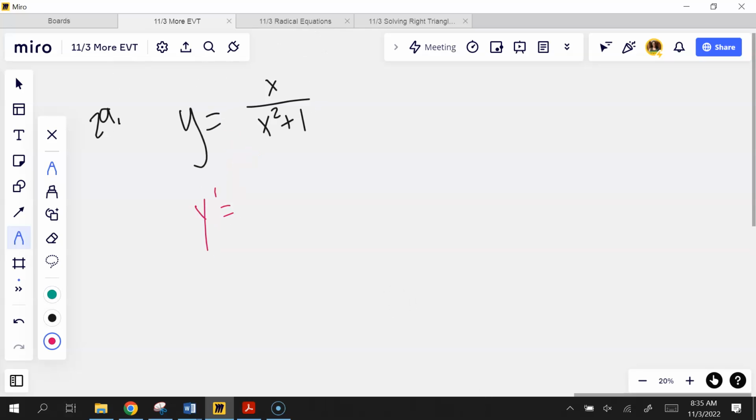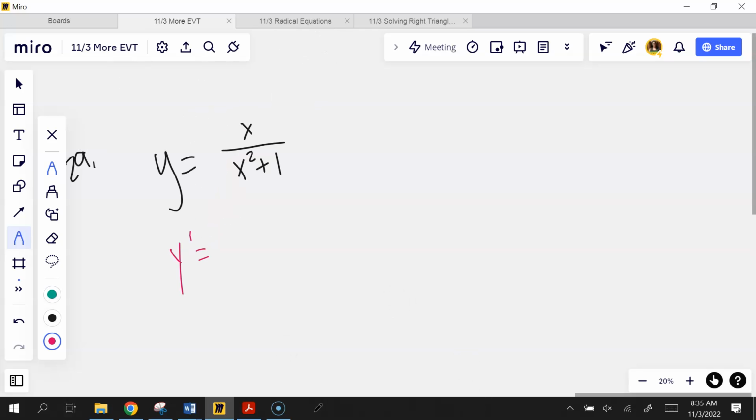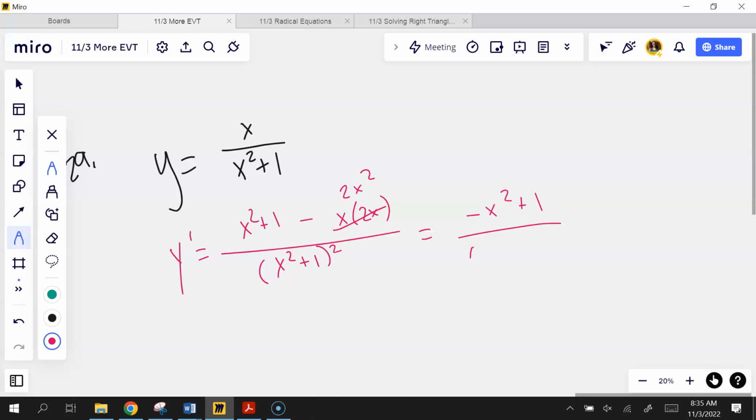All right, derivative of the top times the bottom minus the top times the bottom all over bottom squared. So this is 2x squared, so I have negative x squared plus 1 over x squared plus 1 squared.